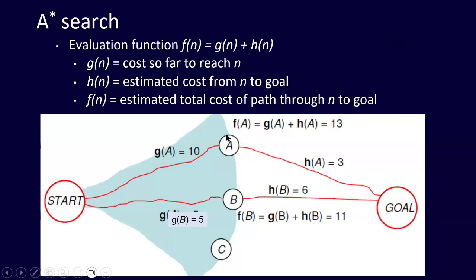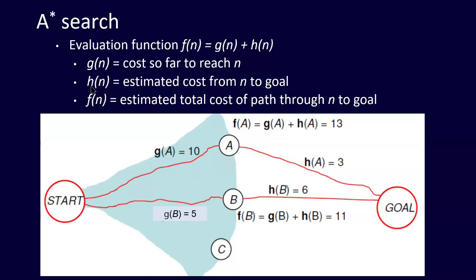Okay, so here we try to expand the search area. In the uniform cost search, we used this value g, which is the length of the path from start to current position. And then in greedy search, we used the estimated cost from there to the goal.